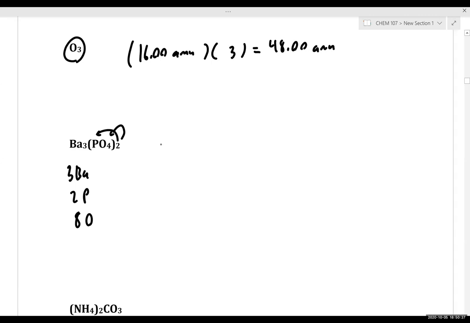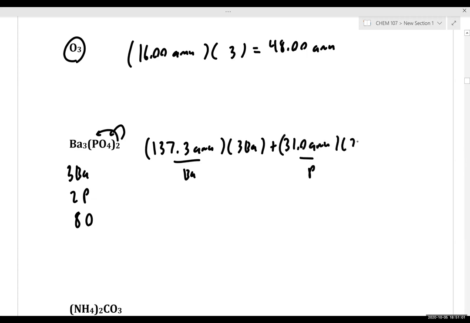So barium has an atomic mass of 137.3 AMU per barium atom. We have 3 barium atoms. For phosphorus, it has a mass of 31.0 AMU per phosphorus atom, and we have 2 phosphorus atoms.